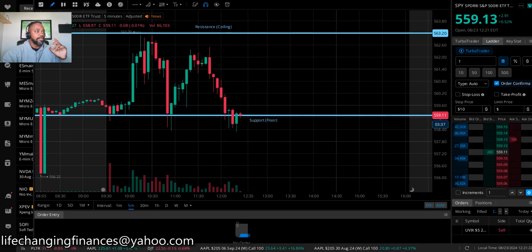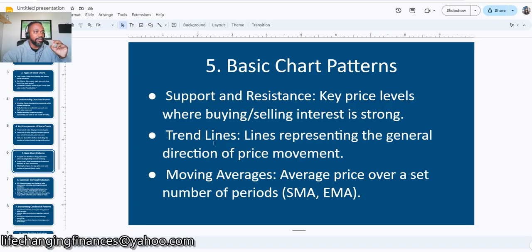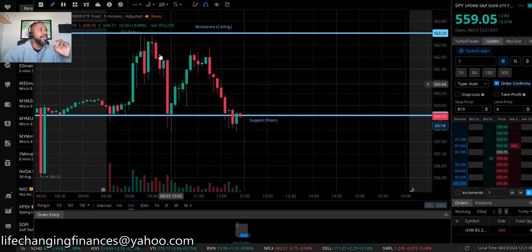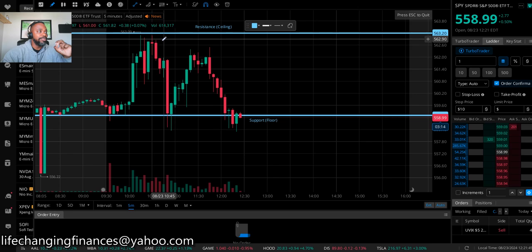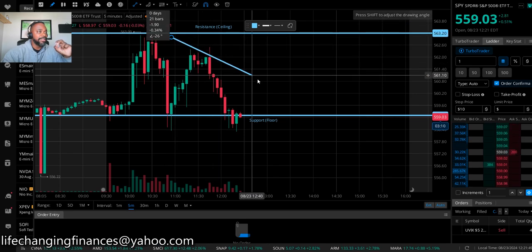Now, let's go ahead and continue with what we need to talk about. So you have trend lines representing the general direction of a price movement, and then you have moving averages. You got the SMA, you got the EMA, and so let's talk about a trend line here. So if I wanted to create a trend line, you can see right here a trend line would look something like this.